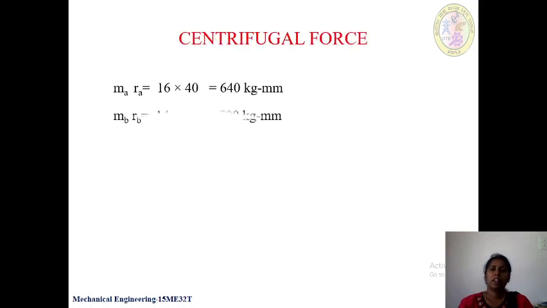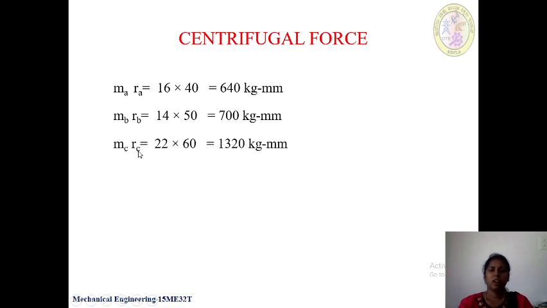Next we need to calculate the centrifugal forces. The centrifugal force is equal to the product of its mass and radius. That is MA into RA is equal to 16 into 40, which is equal to 640 kg mm. MB into RB is equal to 14 into 50, which is equal to 700 kg mm.